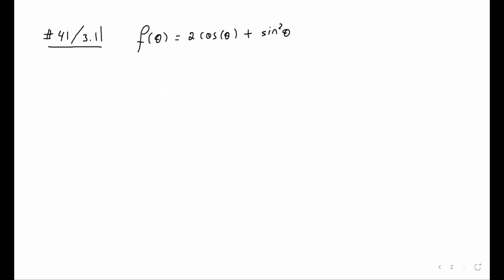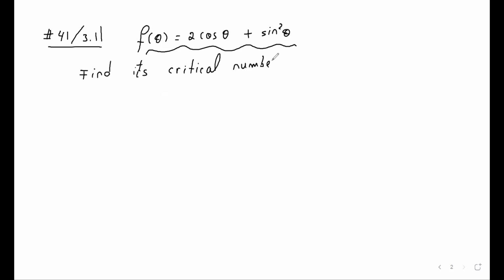All right, so sorry about that, folks. They don't write with parentheses in the book. I'm going to write it like them, sine squared theta. This is our function, and the problem is to find the critical numbers.